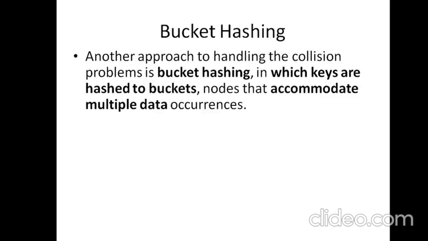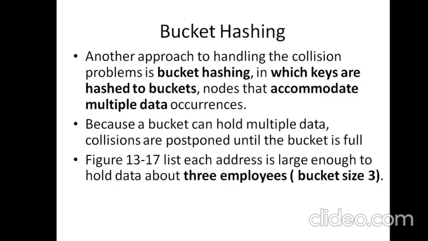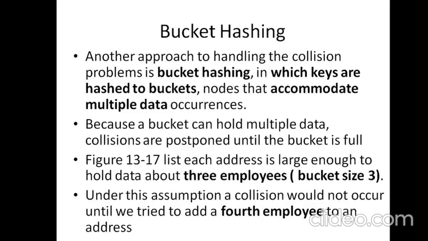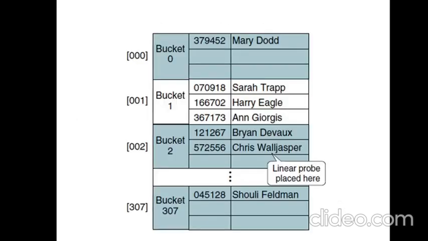The last scheme to conclude the discussion is bucket hashing. Bucket hashing is again a simple mechanism. I can show you the example. Here each element will have multiple addresses. Previously we had seen that an element will have one address and you can store one key.